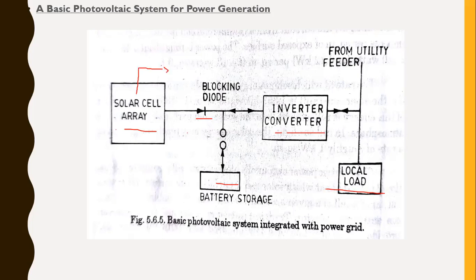This is a blocking diode. It lets the array generated power flow only towards the battery or grid. In only one direction will it allow the power. In the other direction it blocks, so the name blocking diode.